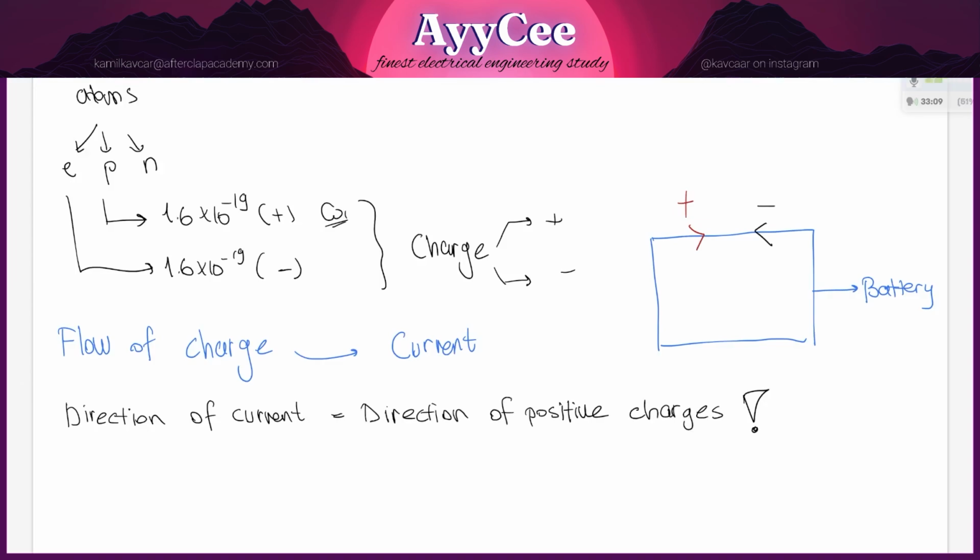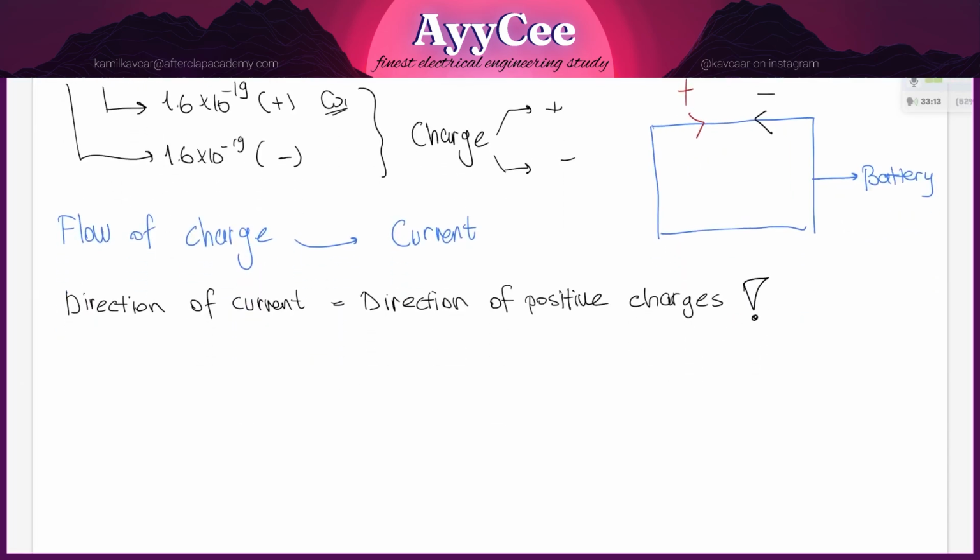That's really nice, and since we're talking about current a little bit, let's define our second concept, which is current. So current is nothing but the rate of change of charge. Let me put that. And the unit for current is amperes that we have seen in the previous lecture.